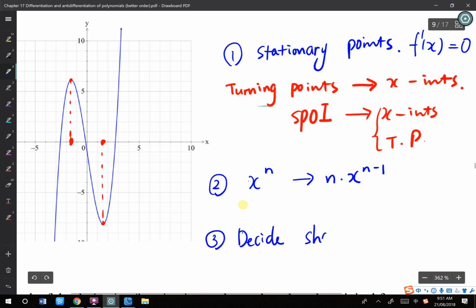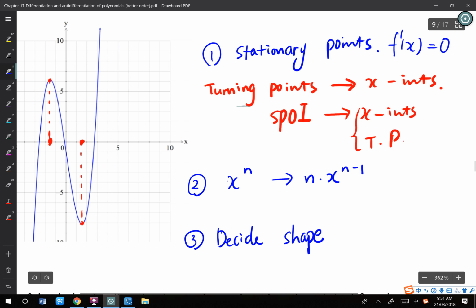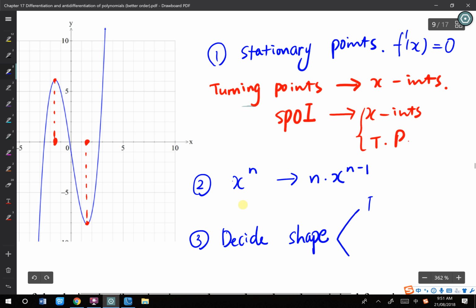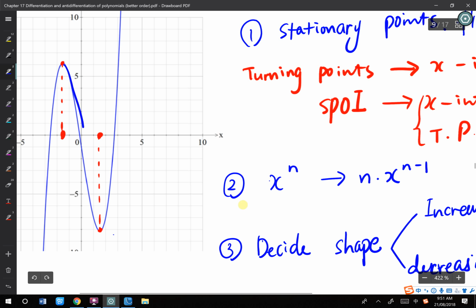Shape. So by looking at increasing or decreasing. Okay, let's look at the part of the graph in between the 2 points. Is that a decreasing or increasing function? Decreasing. Then the derivative needs to be what? Less than 0, right?